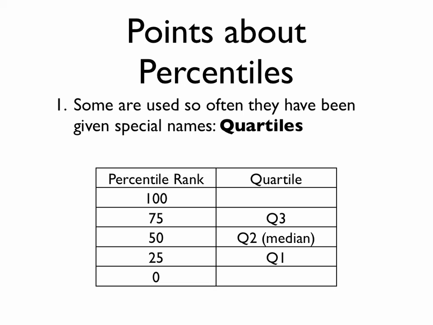A percentile rank of 25 would correspond to Q1, the first quartile. So some of those are useful when you talk about these percentile ranks that are psychologically meaningful. Do 50% of the data fall at or below your score? That sort of thing.